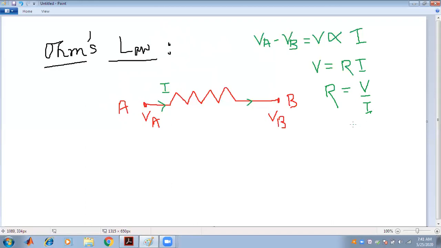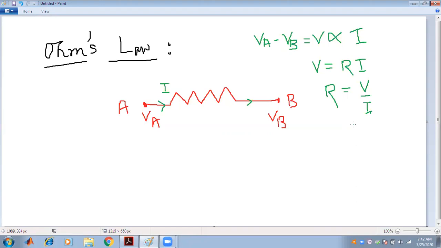When a potential difference is there between the two points, it will allow a current to flow through the conductor.